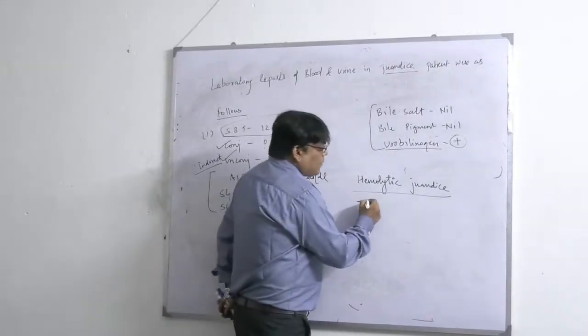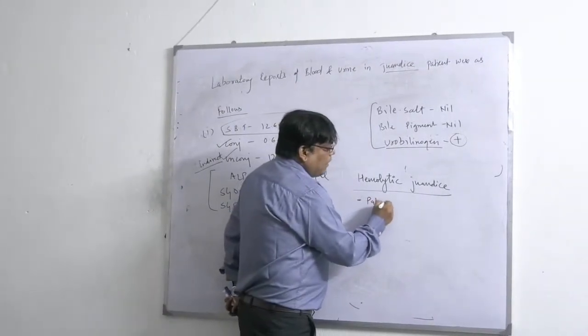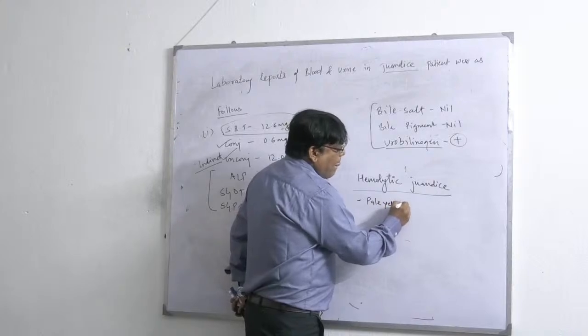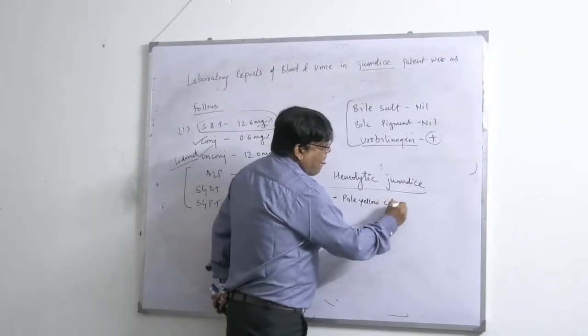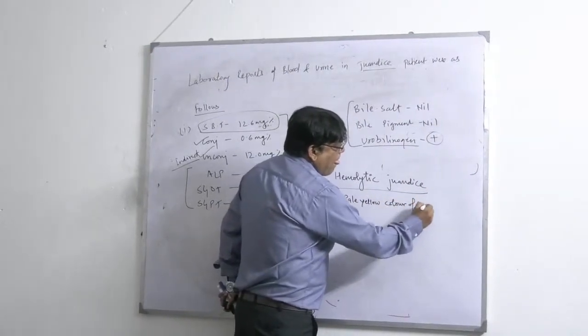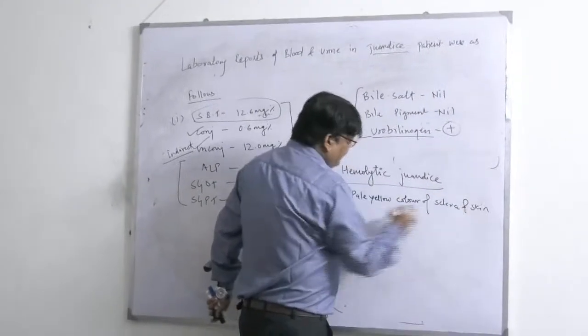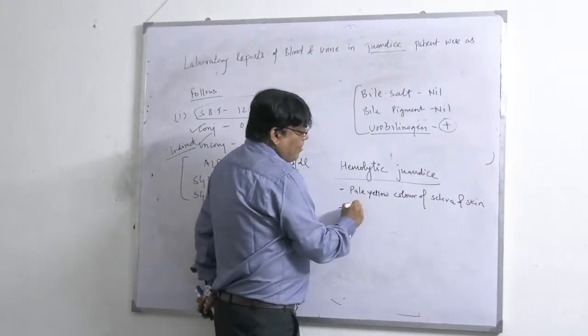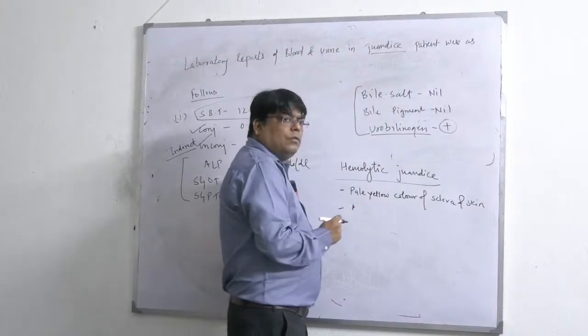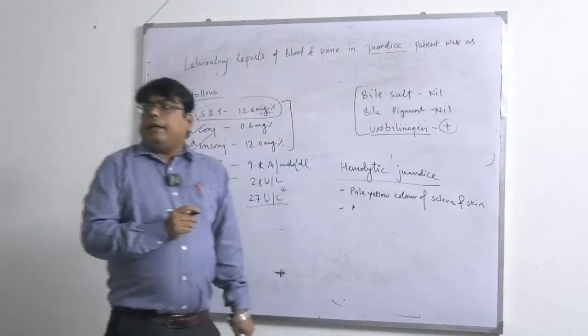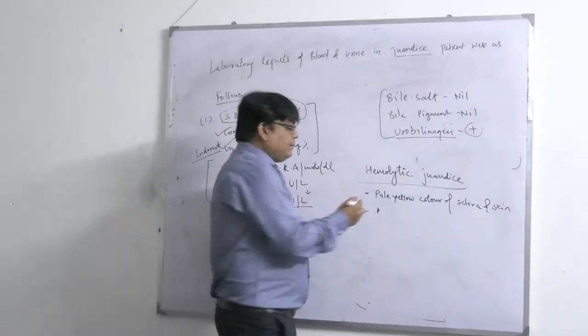One minute. Pale yellow color of skin and sclera. Second, brown color of stool. Urine, dark color of urine.